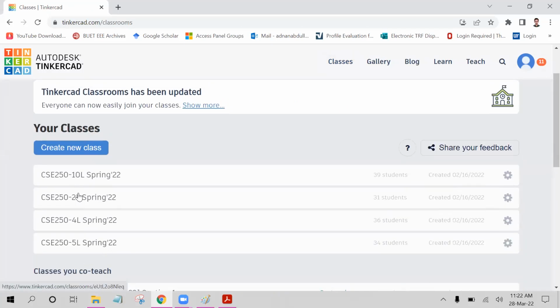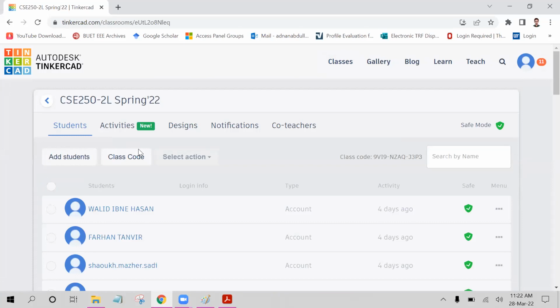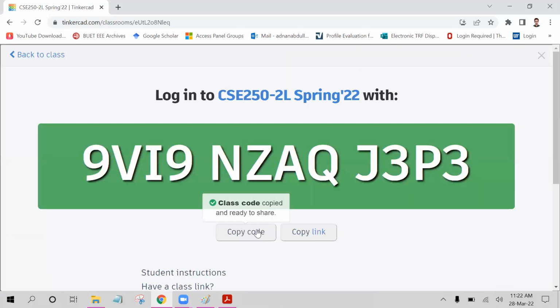Okay, this is section 2. I am copy pasting the class code in the chat box. If someone has not joined already, please join.